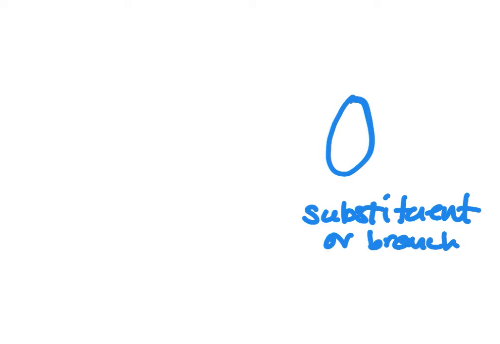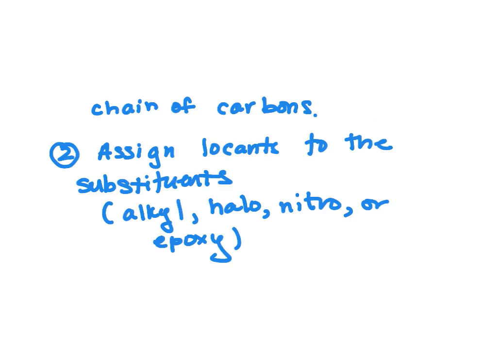The 2 rules that we have to keep in mind for now are that we need to identify the longest continuous chain of carbons. That is going to define the root name or parent name.